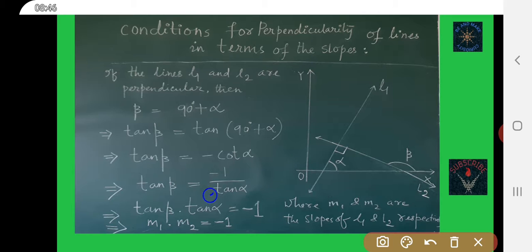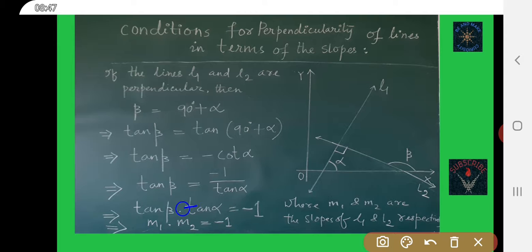Now you take this to the left side, then tan alpha into tan beta is equal to minus 1. Now tan alpha is what? The slope of L1. So tan alpha is equal to M1 and tan beta is equal to M2.